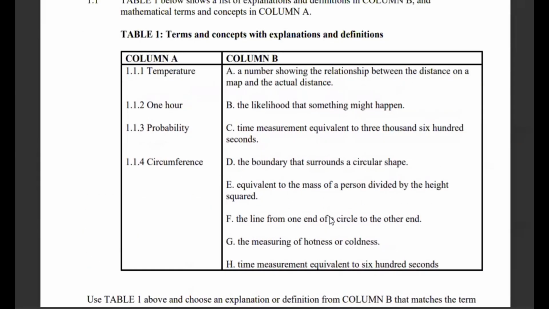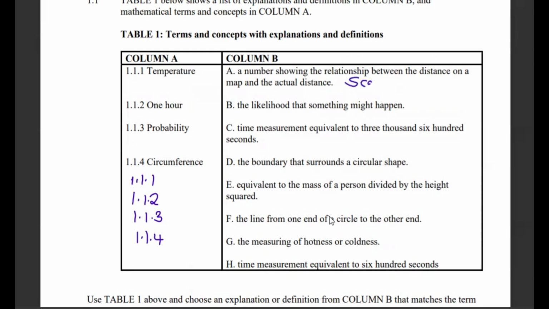So this is how they want us to do it. We shall write down the question numbers first. All right, column B. A number showing the relationship between the distance on the map and the actual distance.